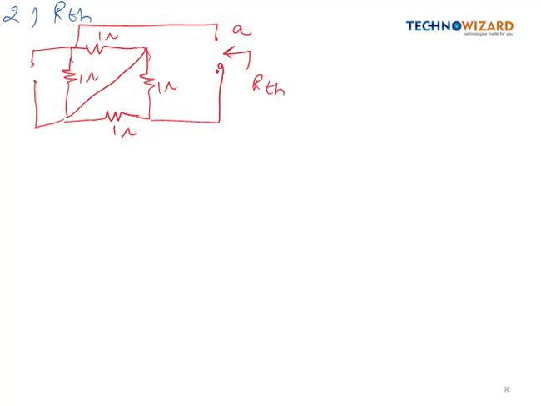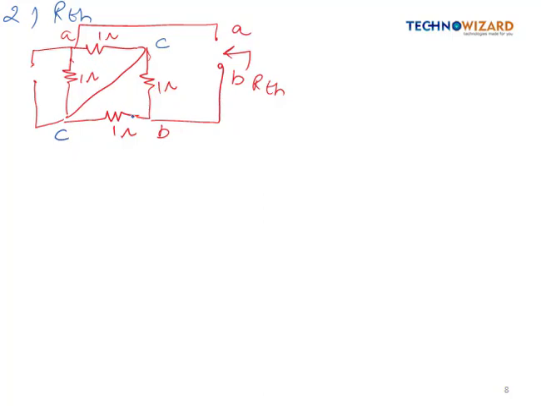Suppose this is terminal A and this is terminal B. Suppose this terminal is C, so this terminal will also be C because there is no voltage drop. In between A and C, two resistances are connected. It means these two are in parallel, right? One in parallel with one will be 0.5.